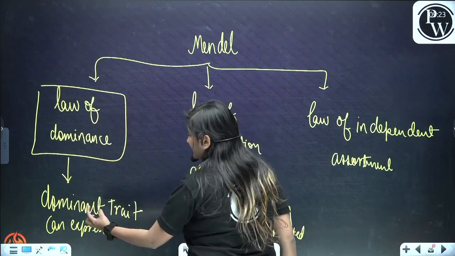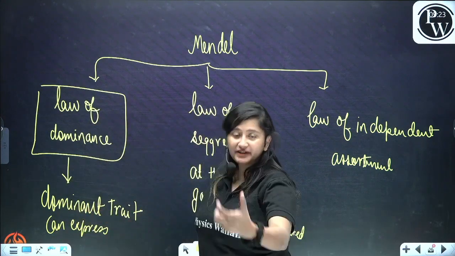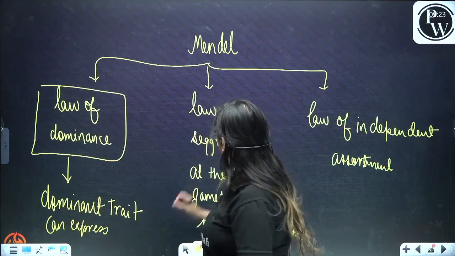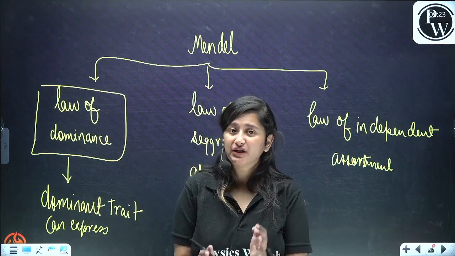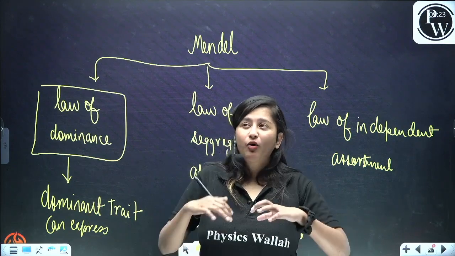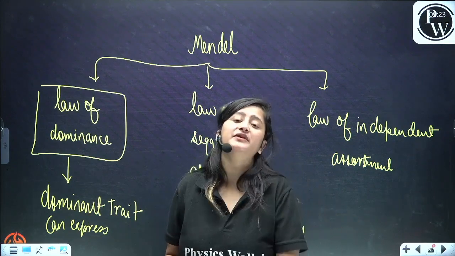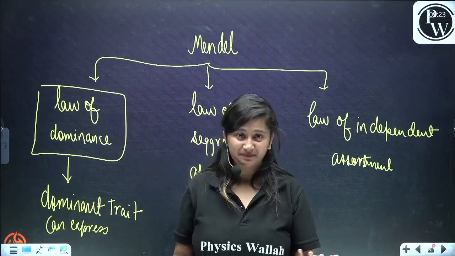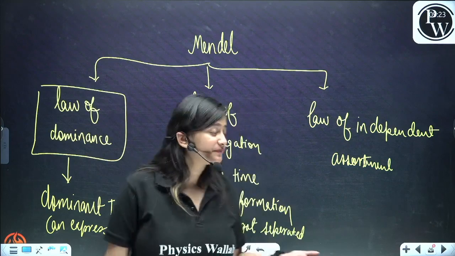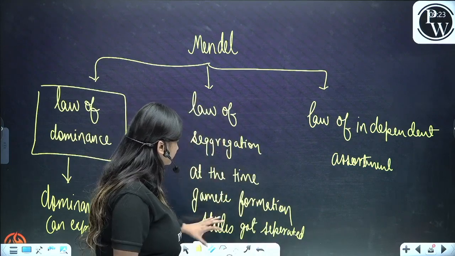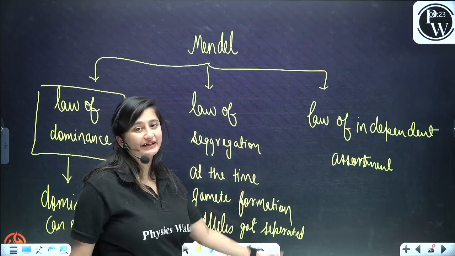Because in the law of dominance, the dominant always expresses itself. And what is segregation? Alleles are always in a couple, right? But if someone dominates you all the time, you get frustrated, and after some time you say, no, we cannot be together. The same happens at the time of gamete formation: alleles get separated.